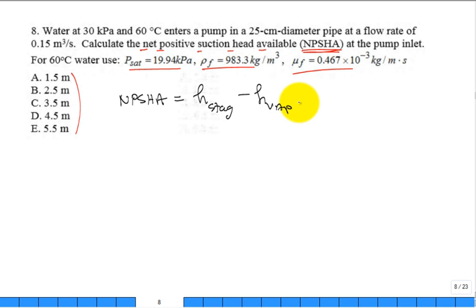All right. Well, what is my head stagnation? That's the head static plus the head dynamic. It's a static pressure plus a dynamic pressure, but we're talking about it in units of meters, which is head instead of pressure. And then we're going to have this, which is a minus H vap.